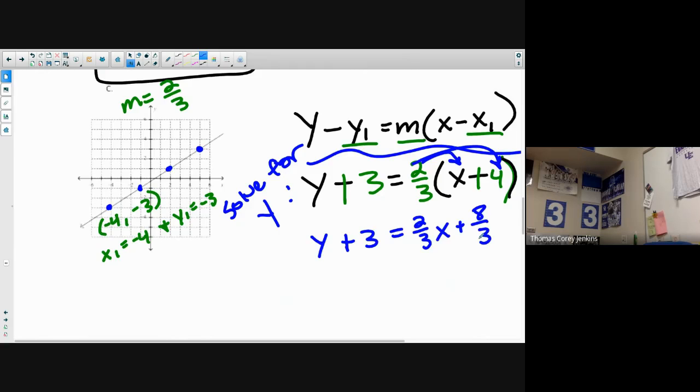Then what I would want to do from there is subtract 3 from both sides to move that over. That would give me y equals 2/3 x, and then whatever 8/3 minus 3 is. I think of that as 8/3 minus 9/3. That'd be minus 1/3, or minus 0.3 repeating.